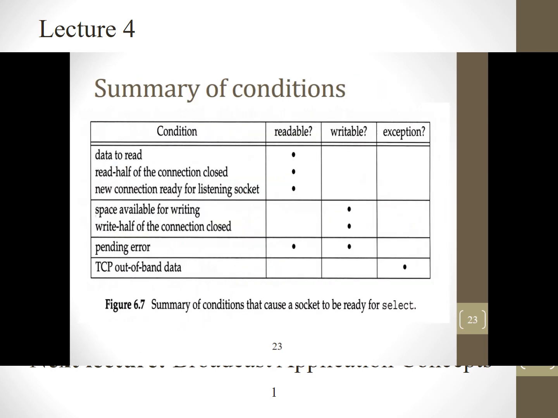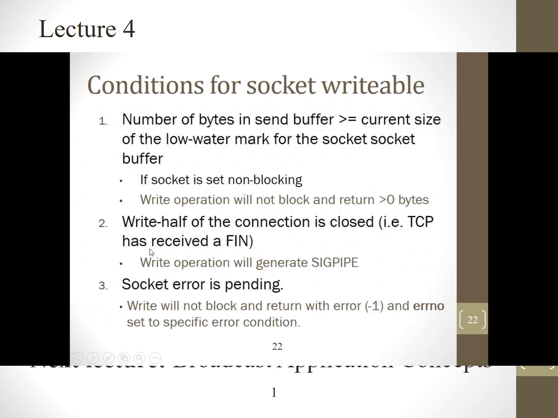So at the end, this is a summary of the conditions for readable, writable, and exceptions. What is the exception for? TCP out of band data. And then in readable and writable both, it says pending error as mentioned before.